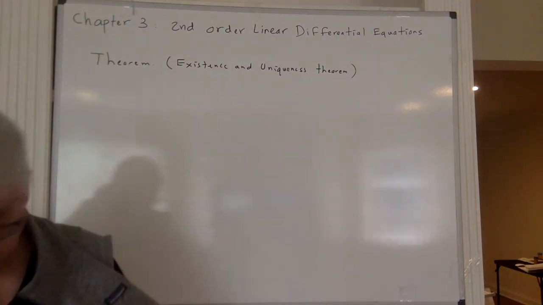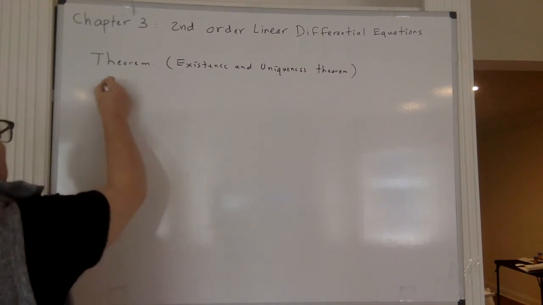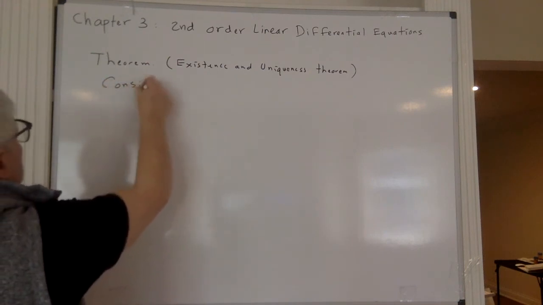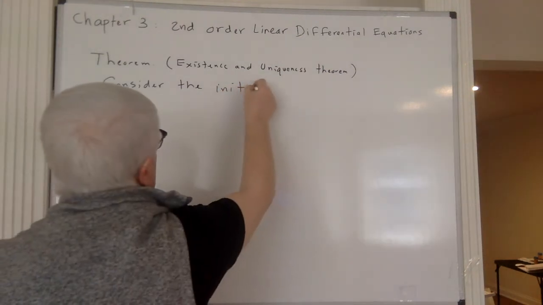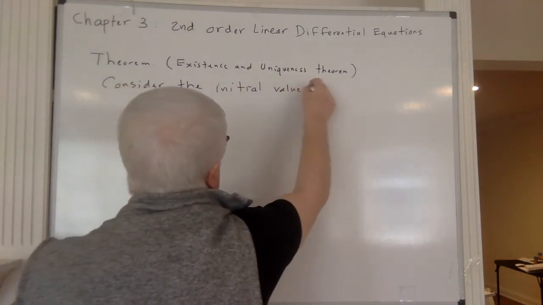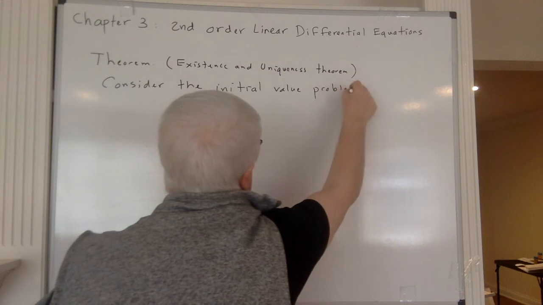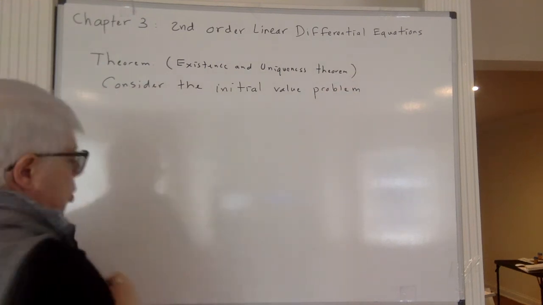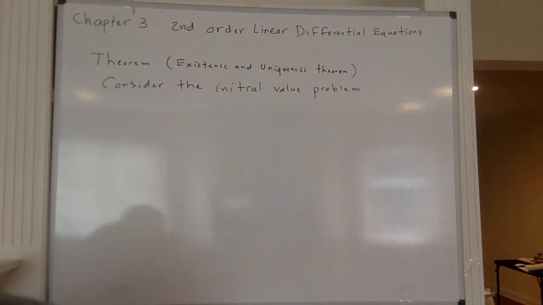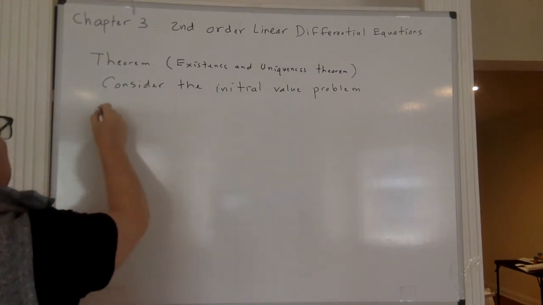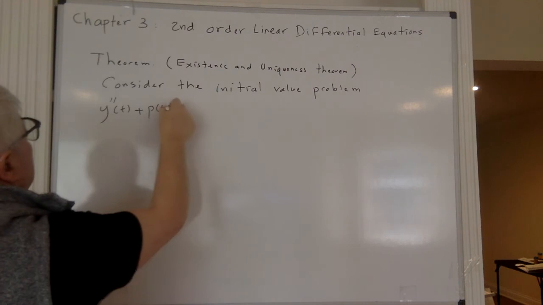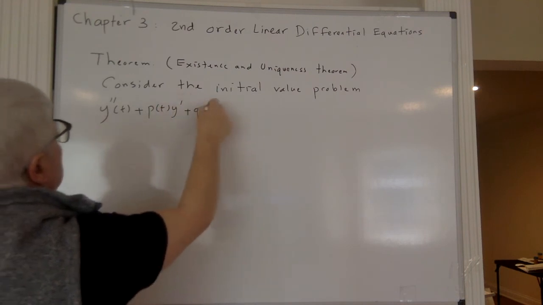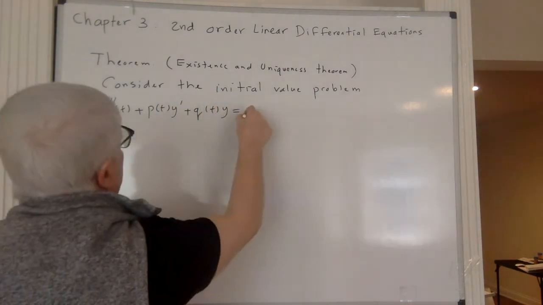So consider the initial value problem. The book uses y double prime plus p(t) y prime plus q(t) y equals g(t).